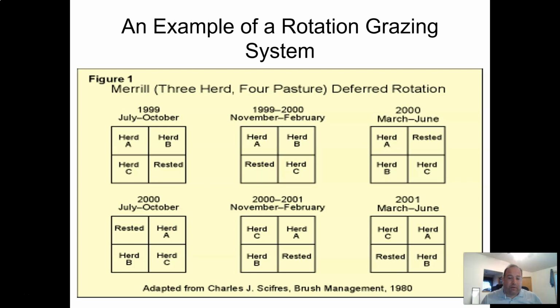So there's always one piece of land that's getting the time to recover. Now, it also depends on what species you have in there and how quickly they recover and how big your herds are and what kind of animals you have and all these different things we've talked about. But this is just the basics of how you would think about a grazing system.